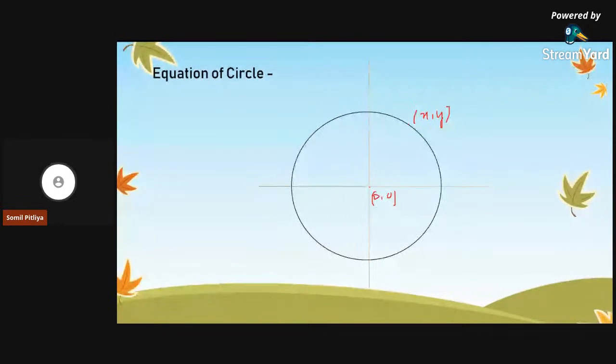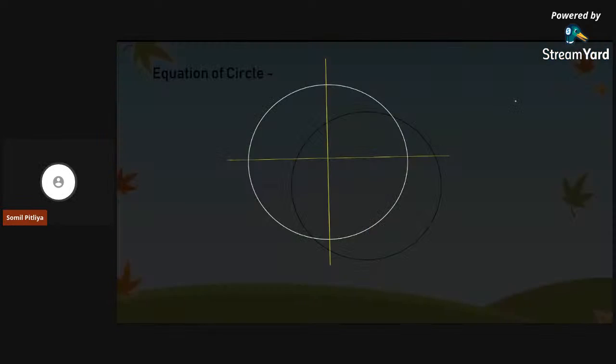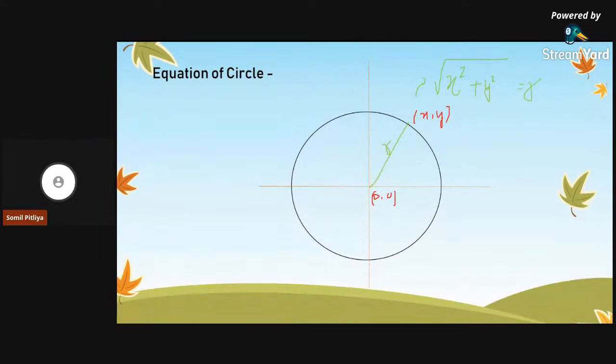So I can use the distance formula to get the square root of (x minus 0) whole square, that is x square, plus (y minus 0) whole square, that is y square. This is equal to the distance between these two points, which is r. So I square both sides to get x square plus y square is equal to r square. This is the basic equation of a circle.